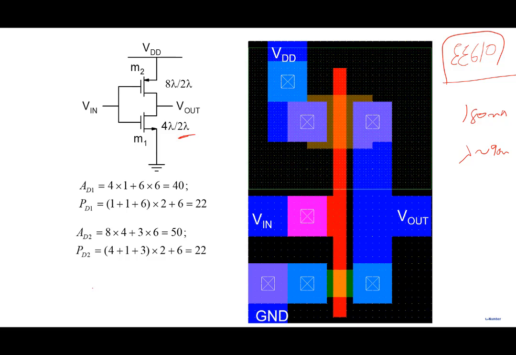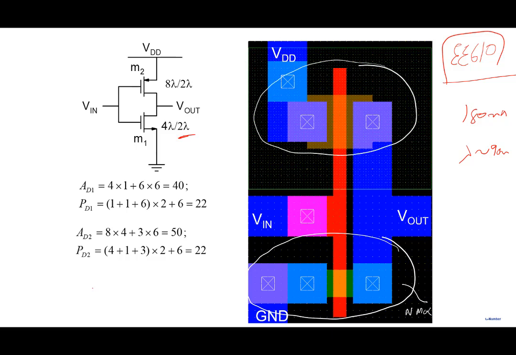Okay, so note that this is your inverter. This is where the layout is, this is where the NMOS transistor is drawn, and this is where the PMOS is, and this is the drain of the PMOS, DP, and this is the drain of the NMOS, DN, and they're being connected by a metal, and you're taking the output.